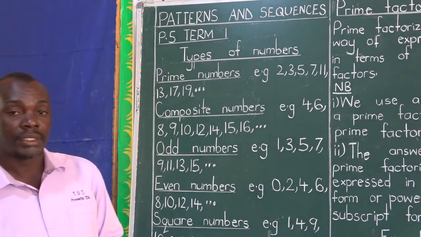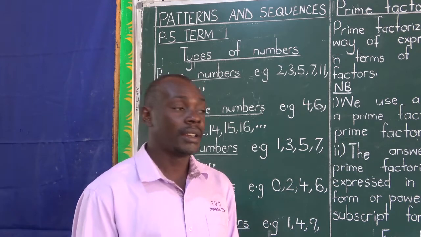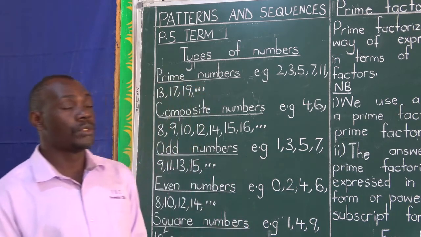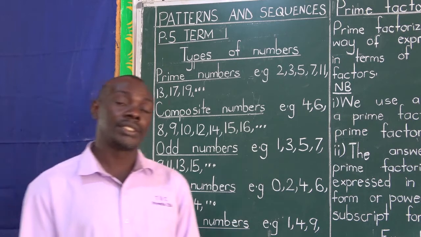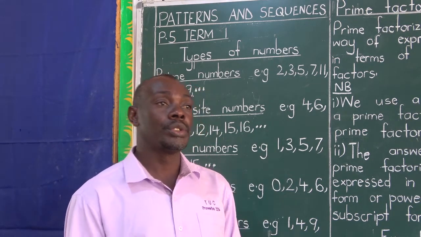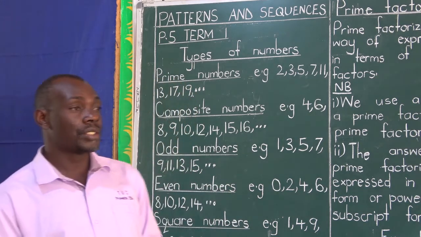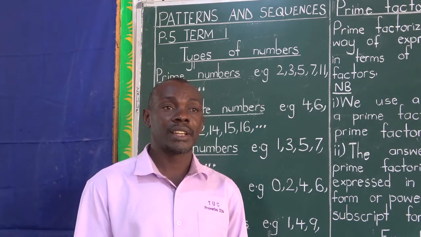One must know that a prime number is a number with only two factors, that is 1 and itself. You must know a factor is a divisor.